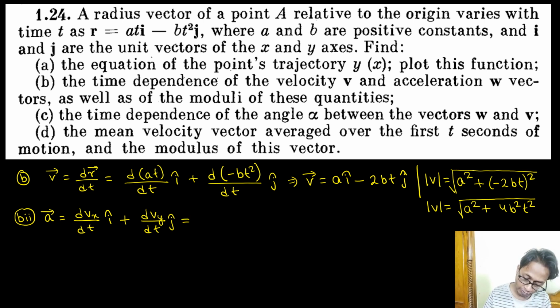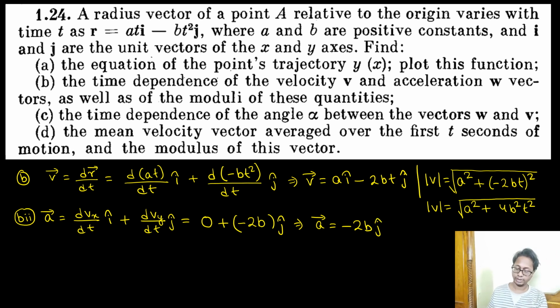What is the x component of velocity? The x component of velocity is a, and its derivative is 0, plus dvy by dt j. Dvy by dt, the y component of velocity, is minus 2b, so d of minus 2b by dt j. So acceleration is nothing but minus 2b j.